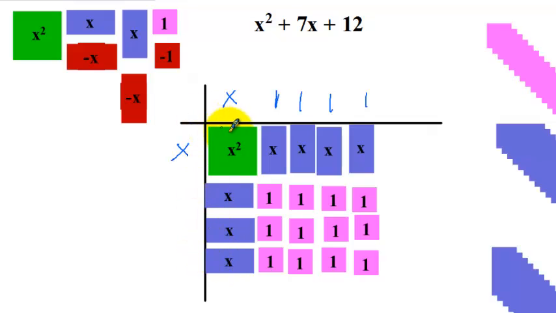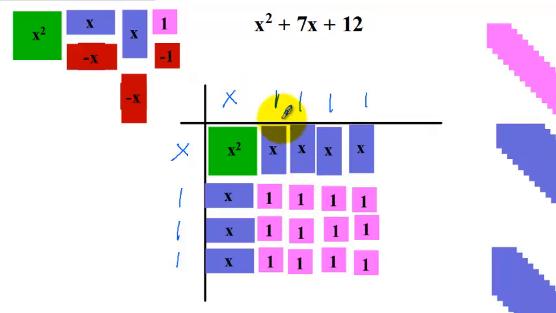Now what about this one? Again, x times something should give us x. So x times 1 is x, x times 1 is x, x times 1 is x. If you want to check the pink tiles, then multiply 1 by 1. You should get a positive 1. 1 times 1 is positive 1.